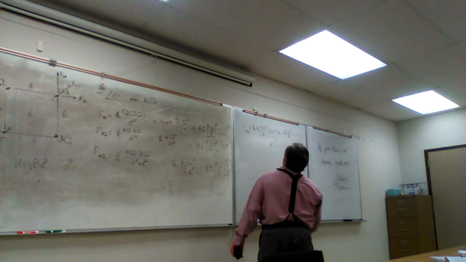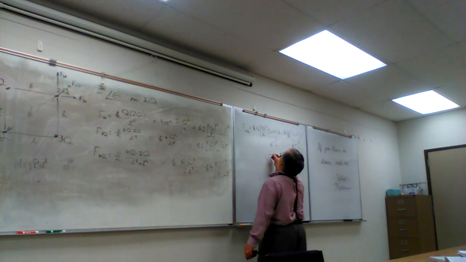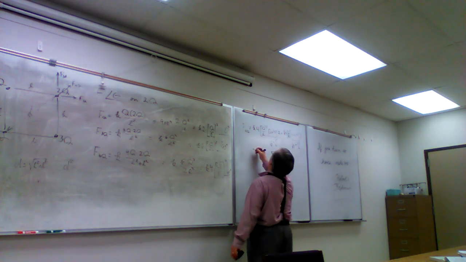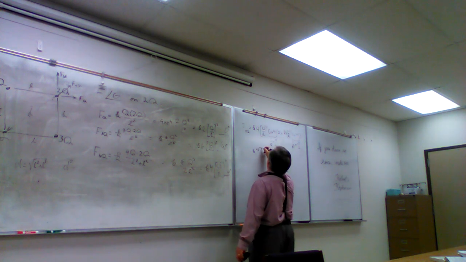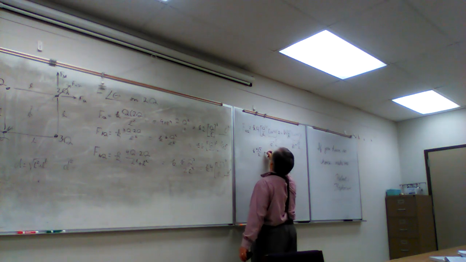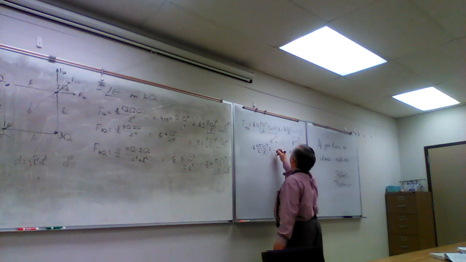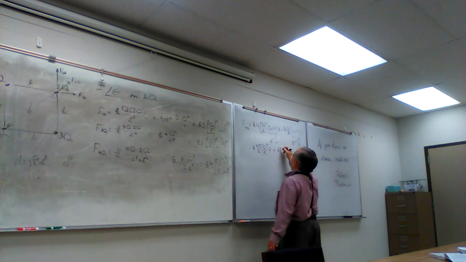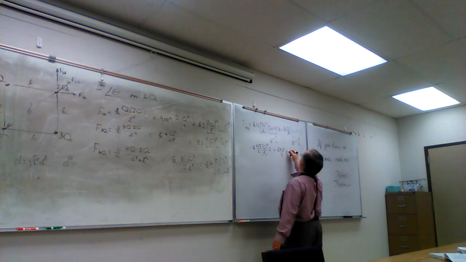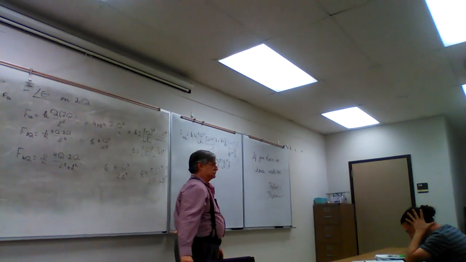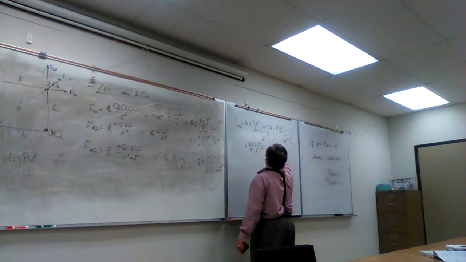Now, this one, we write K times 4 times the square root of 2 over 2 times Q over L quantity squared I plus K times 4 times the square root of 2 over 2 times Q over L squared J. And we can cancel out these 2's.